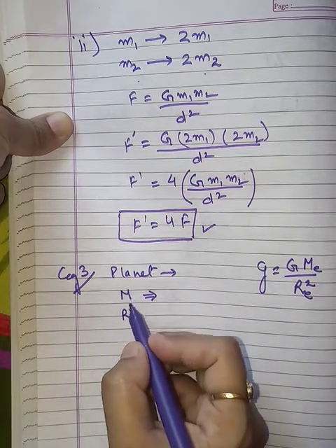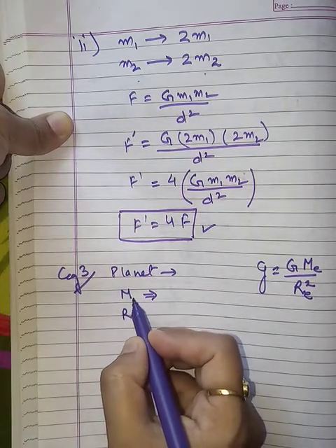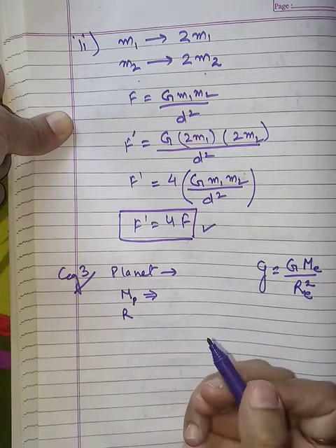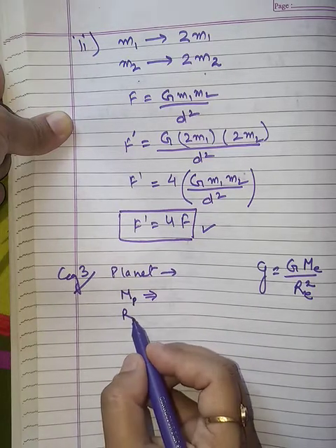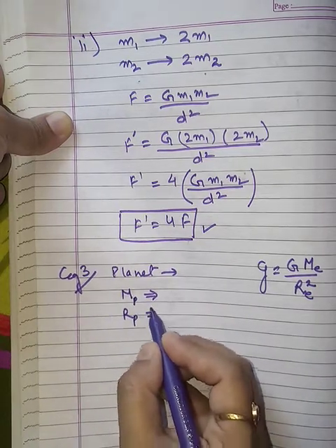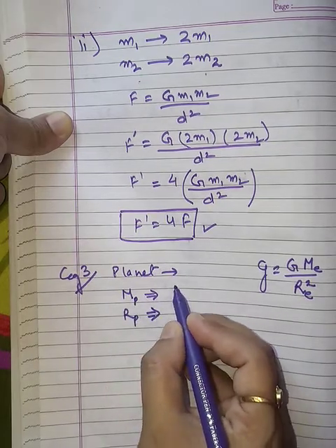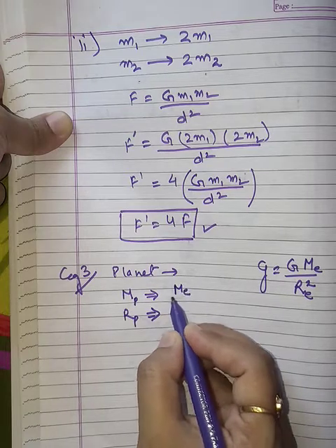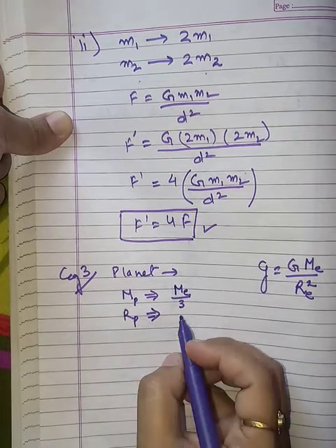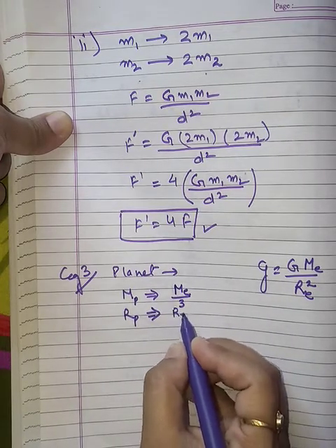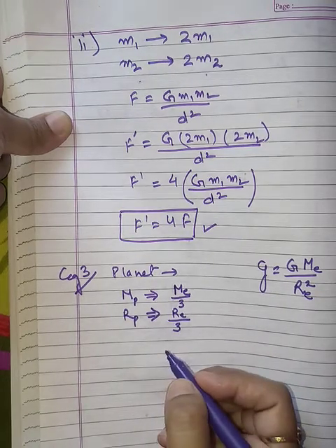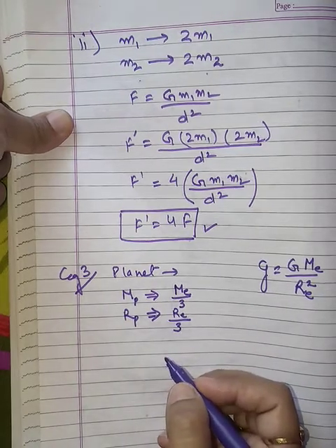There is a new planet which does not have any name, so I will write P for that, planet P. So mass MP is equal to 1/3 of the mass of the Earth, and radius is also 1/3 of the Earth radius.